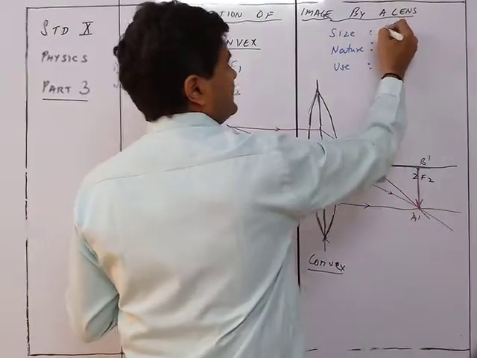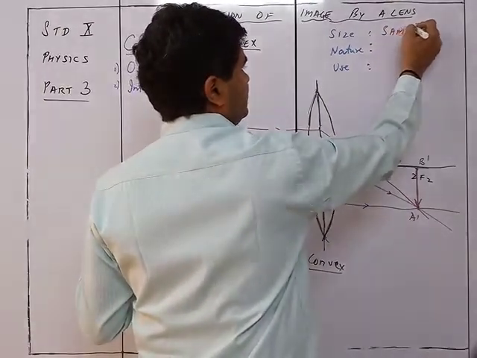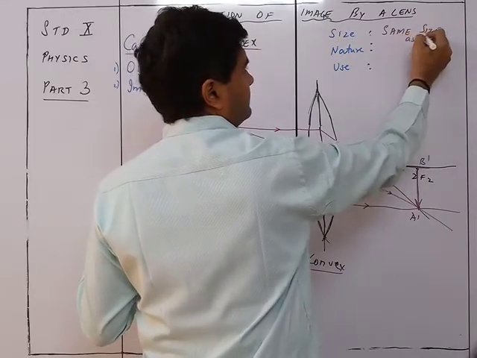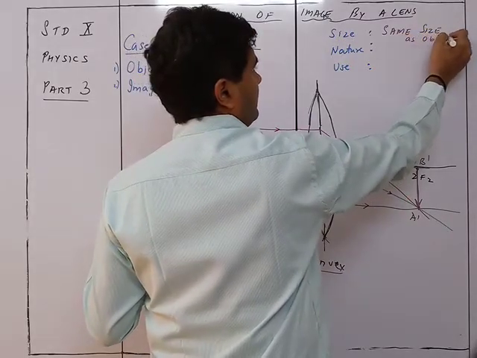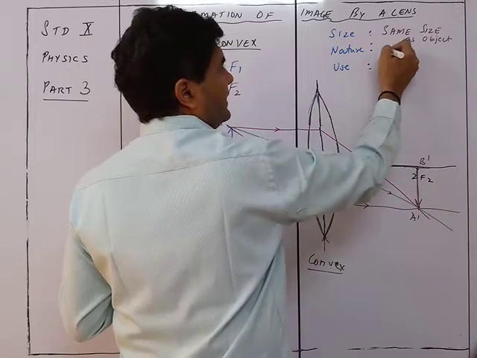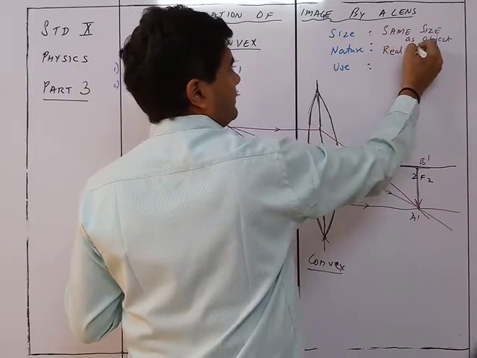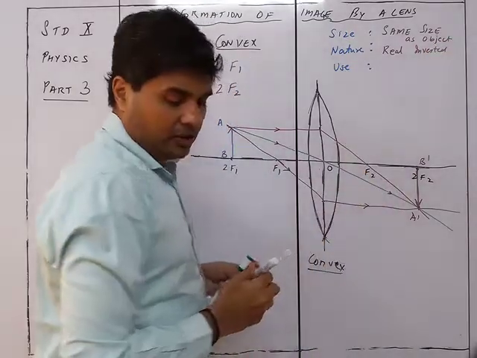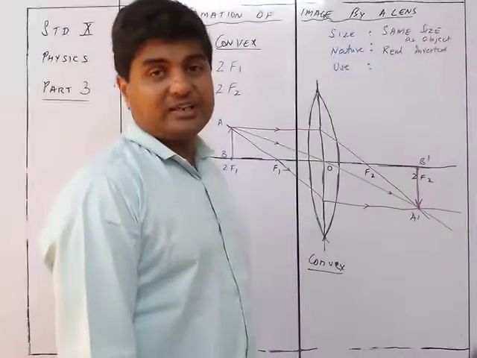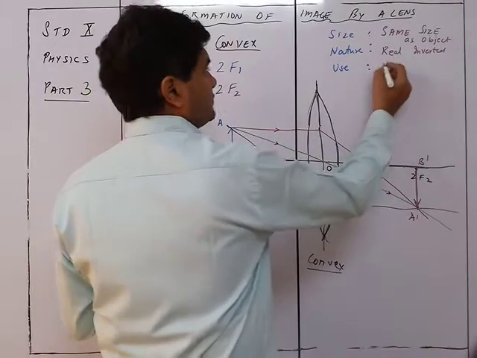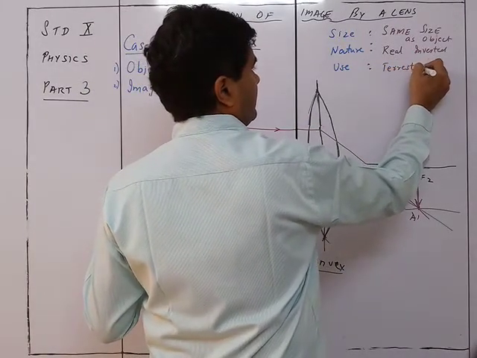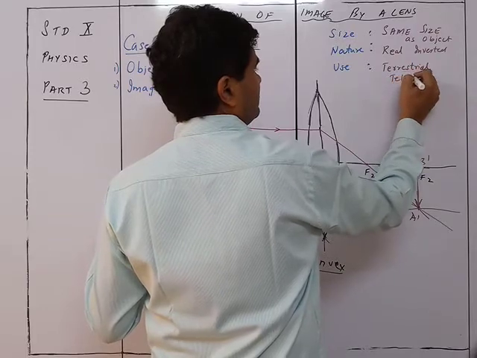Size will be the same size as the object. Nature: real, inverted. And the use of this one is for terrestrial telescope.